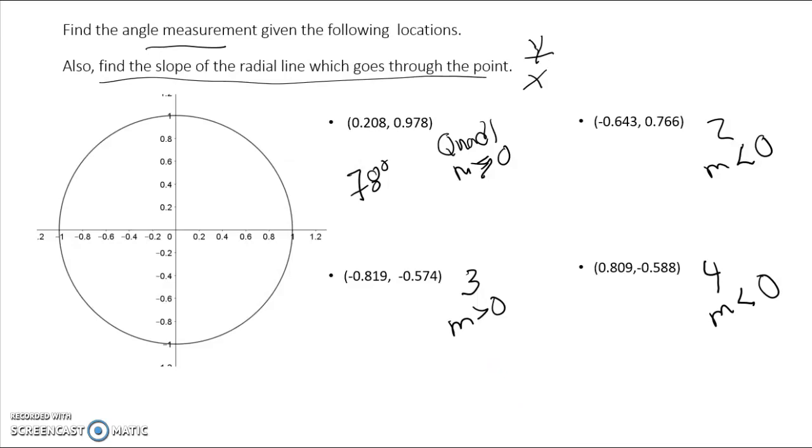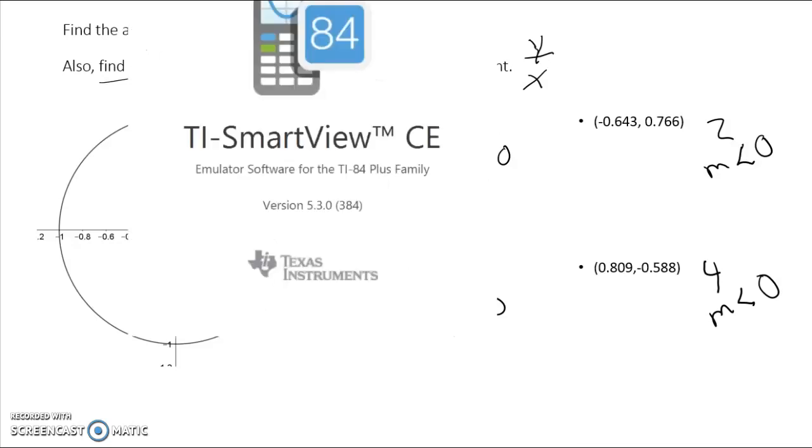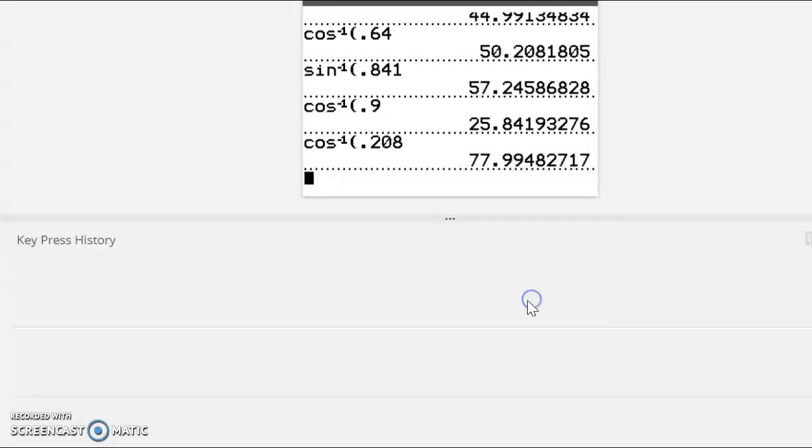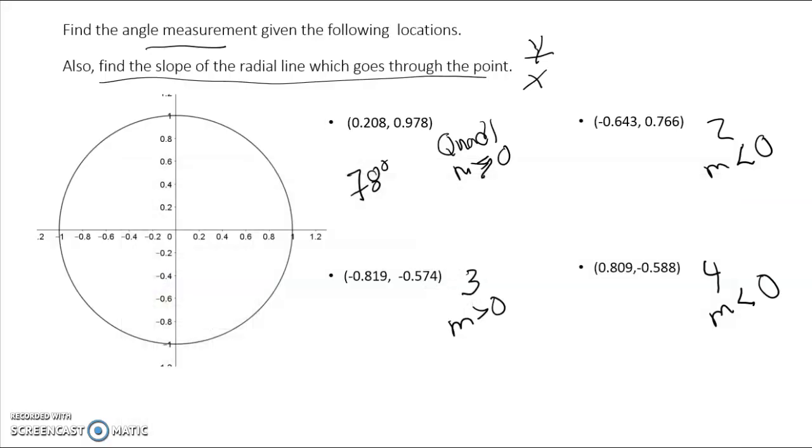In quad 4, where were we? 0.809. We'll do cosine inverse again.